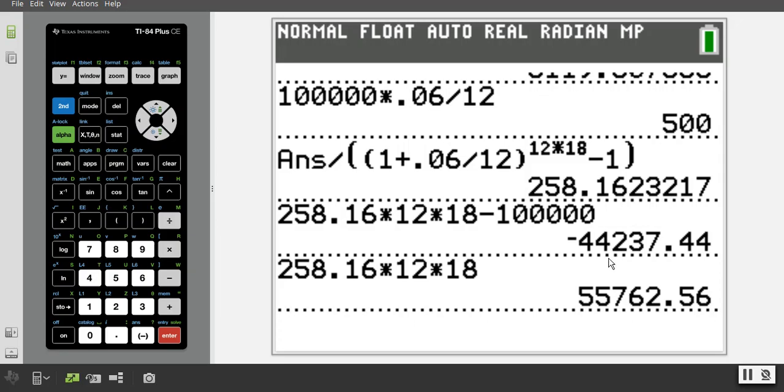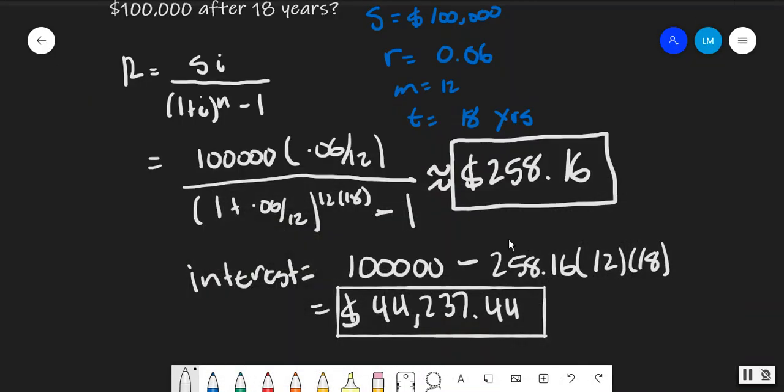So it's almost like they doubled it, if you want to think of it that way. That's one way to think of the interest that was earned.